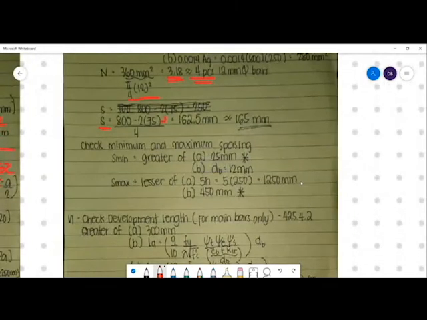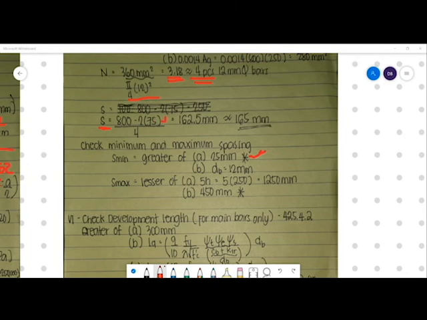Minimum and maximum spacing, similar to what we did earlier: 25 millimeter, and db is equal to 12 millimeter. Pasok pa siya sa minimum. Pero on the maximum, we have a slightly different approach. Iba ang maximum spacing for temperature reinforcement.